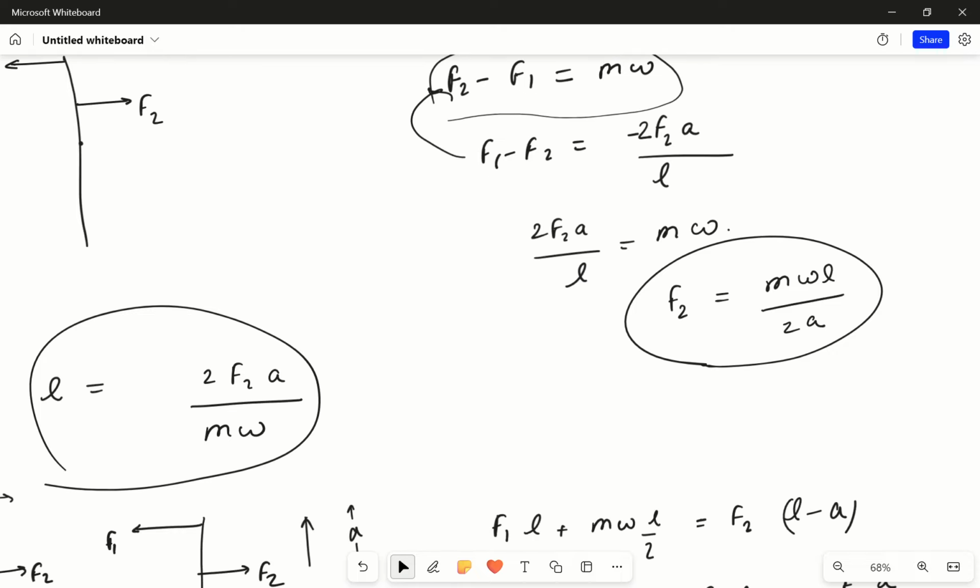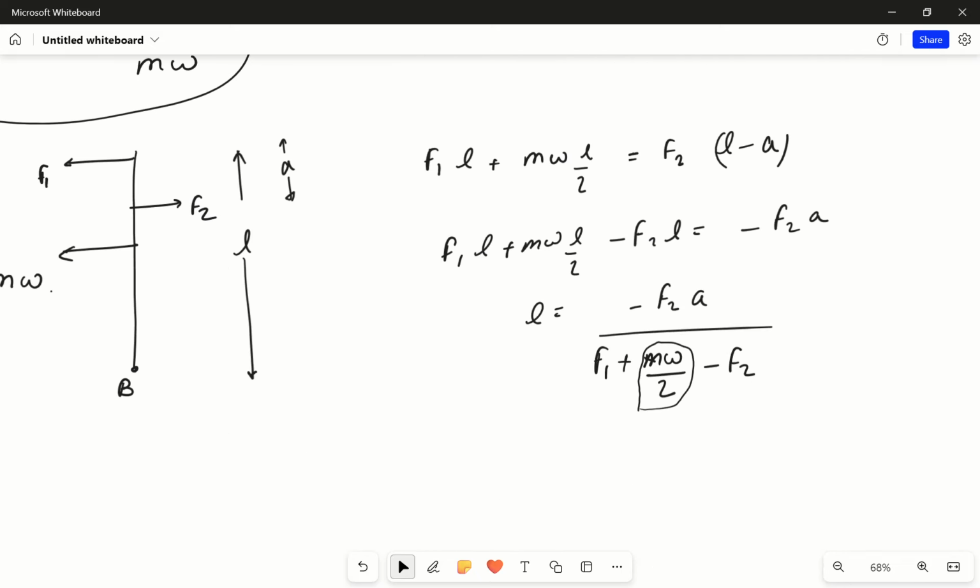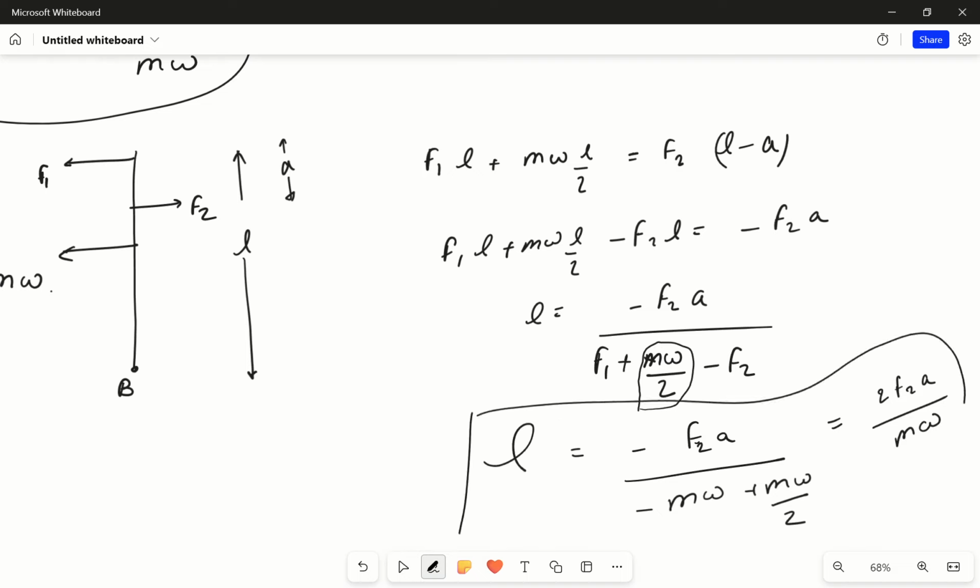So we will put this into our final equation, F2 minus F1 equals mW. Here we can write minus F2 A, and the denominator will be minus mW plus mW by 2, right? So it is equal to 2 F2 A by mW. As you can see, our final answer is the same as above.